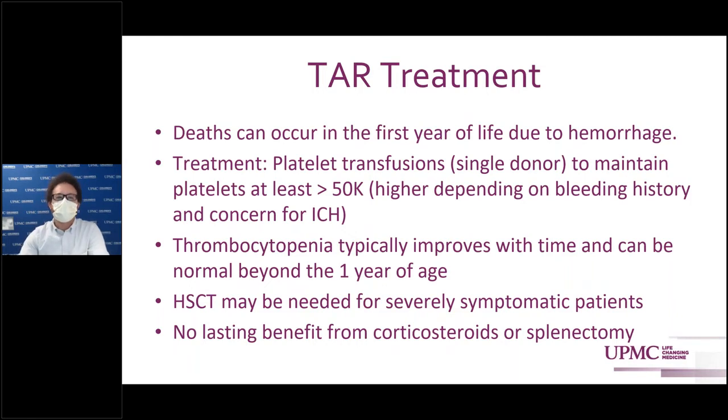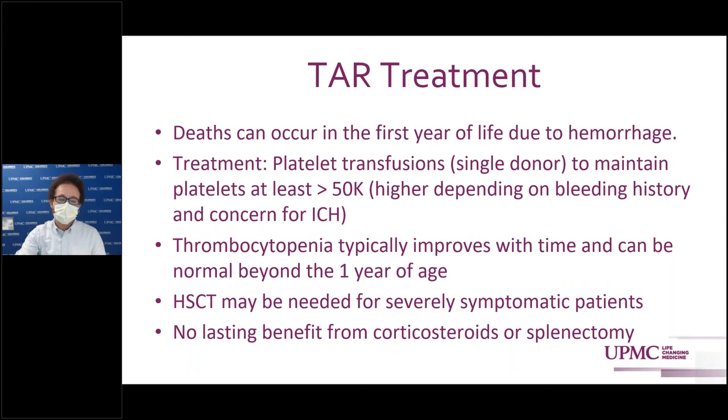The one interesting thing about TAR is that this thrombocytopenia actually is shown to improve with time, and sometimes by the first year of life, these patients' platelet counts can resolve back to normal by themselves, essentially. So the main thing is making sure that they are safe in that interim as they're improving on their own.